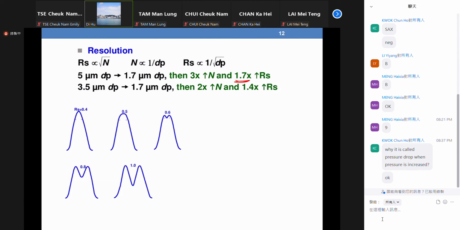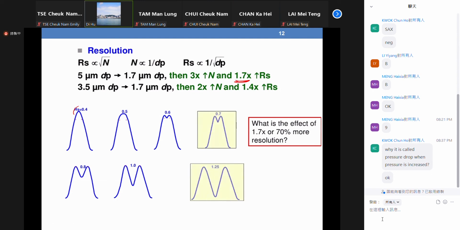Here is resolution 0.4. If the resolution increased by 1.7 times, how does that affect the resolution here? When your resolution equals 0.4, the two peaks cannot be separated from each other.